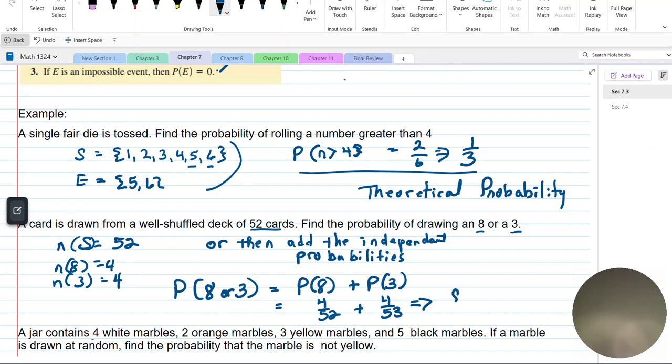And that gives me 8 out of 52. If I simplify by dividing by 4, I get a 2, and if I divide this by 4, I get a 13. Oh, I can't do math. Sorry about that. Yeah, I did it right. 2 out of 13. Is everybody comfortable with that? Hey, I better circle that.